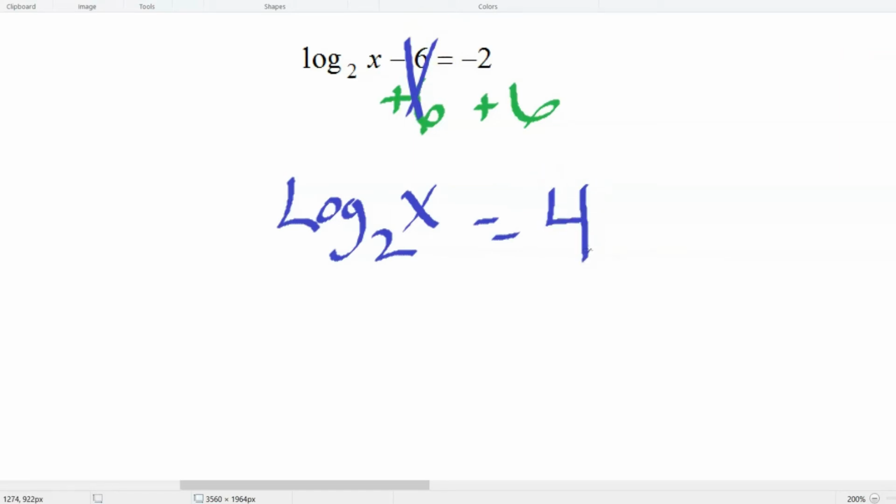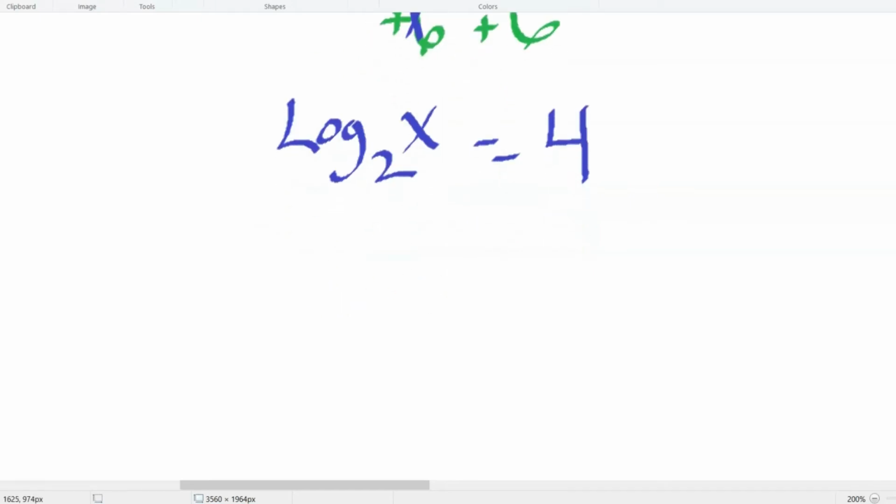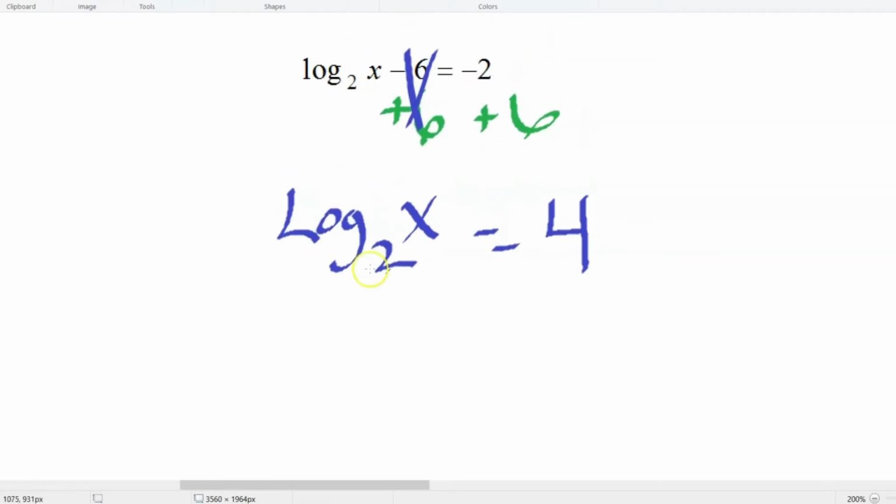Once you have isolated the logarithm, you've gotten this log by itself over here, I'm just going to write this in exponential form and solve for x. So I'm going to rewrite this logarithm. This is log base 2 to the x equals 4. Well, remember when we were rewriting these in exponential form, whatever the log base is, that becomes the base to my exponent. And then I'm just going to switch these two over here.